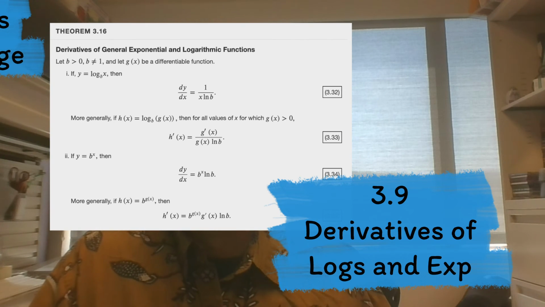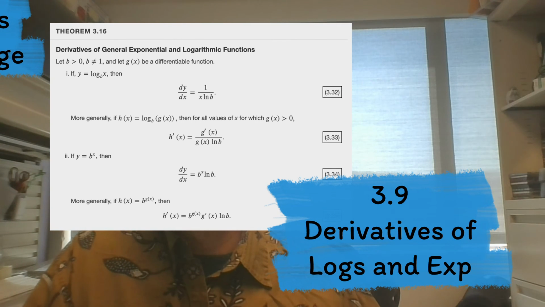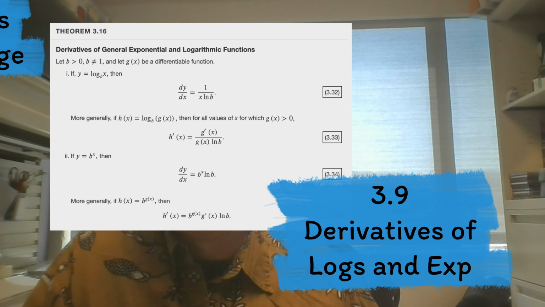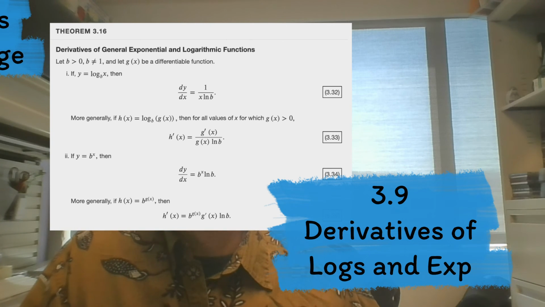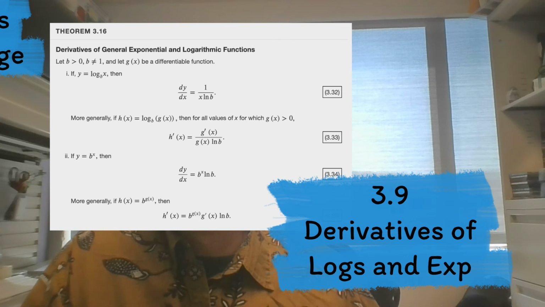Because if we know some properties of logarithms, we can change multiplication into addition, and we can change division into subtraction, and we know that we could take the derivatives of addition and subtraction a little bit easier than multiplying and dividing.